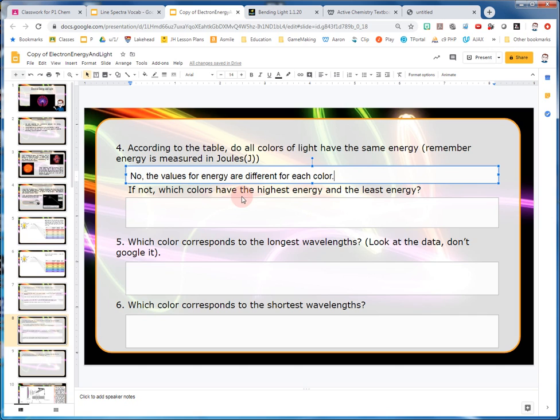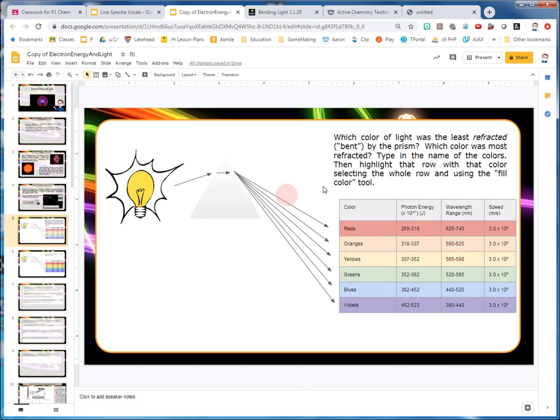If not, which colors have the highest energy and the least energy? Which ones have the highest energy? Well, 452 and 523 are much higher than 269 and 318, right?